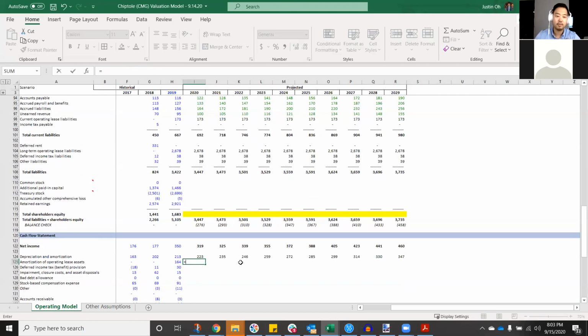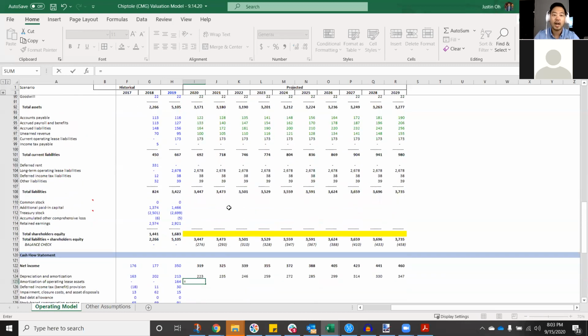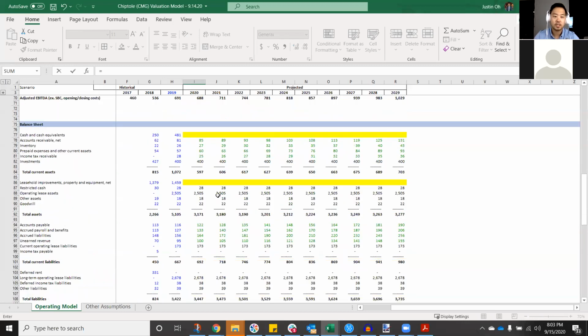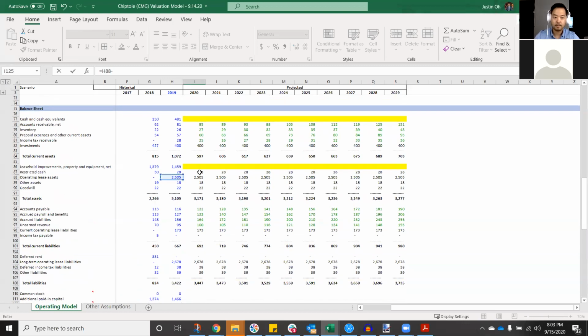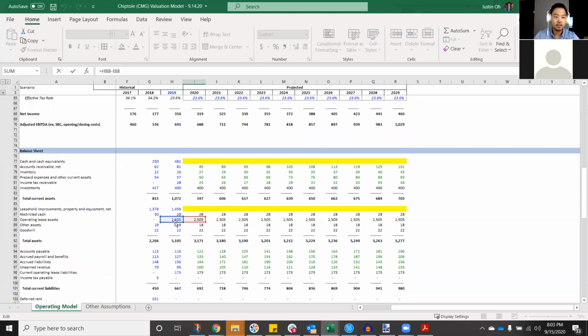basically what you need to do is, if it's on the asset side, if it goes up, that's a cash outflow. If it goes down, it's a cash inflow, right? So right now we're doing equals last year's asset balance minus this year's asset balance.